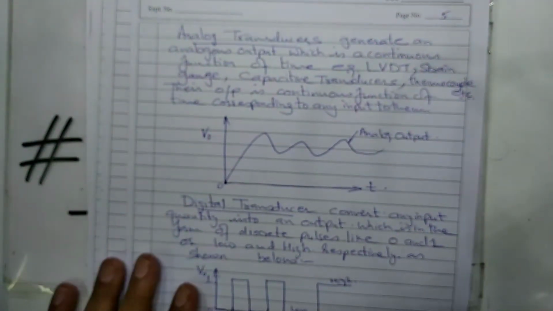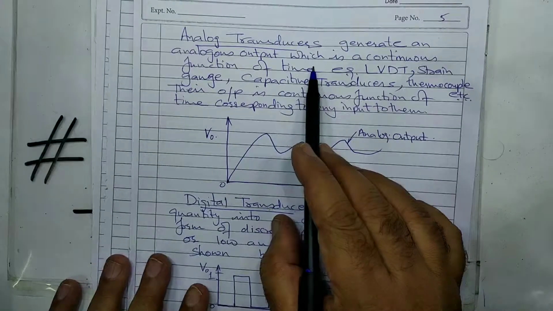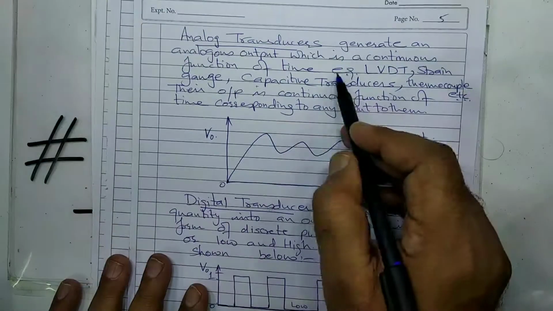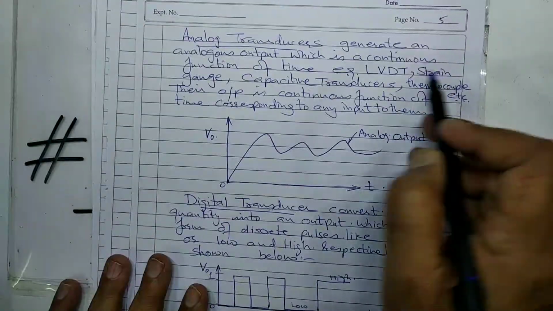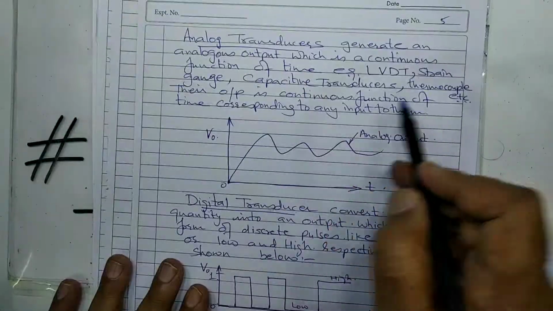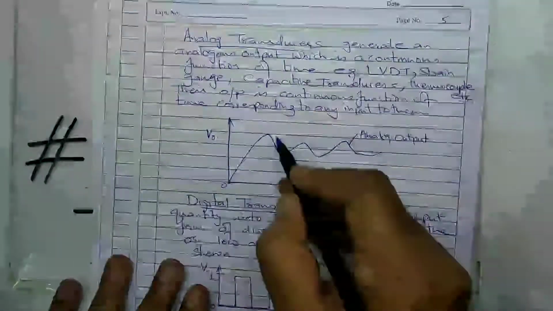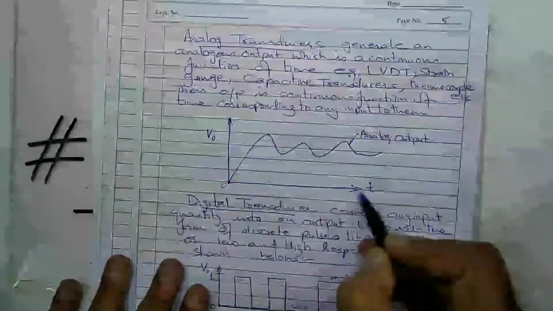So analog transducers generate analogous output which is a continuous function of time. That is, a time varying function is called analog transducer. For example, LVDT, strain gauge, capacitive transducer, thermocouple, etc. Their output is continuous function of time corresponding to any input to them.